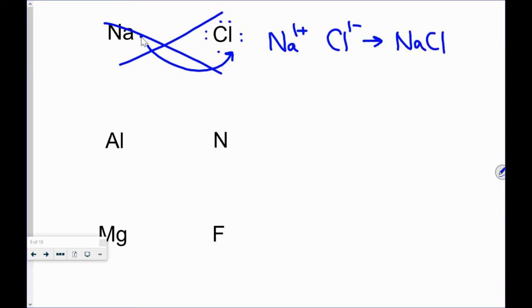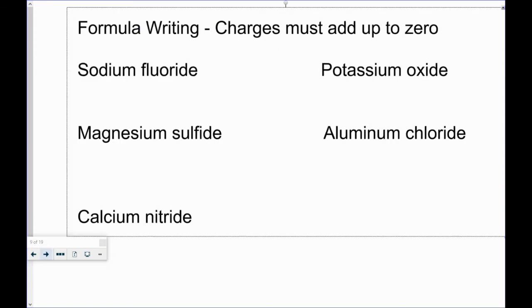Down here, I'm going to skip just to go a little faster. Mg, I would just look up the charge, is 2 plus. F is 1 minus. Does that add up to 0? It does not. We need to add another F. So this final formula would be MgF2.